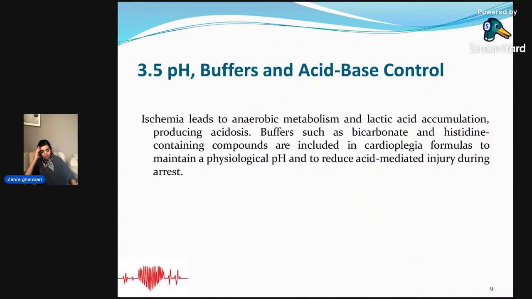So in pH stat, we consider the temperature, and we inject carbon dioxide into the blood. All of us know that carbon dioxide is a powerful vasodilator, so it leads to vasodilation in the brain.